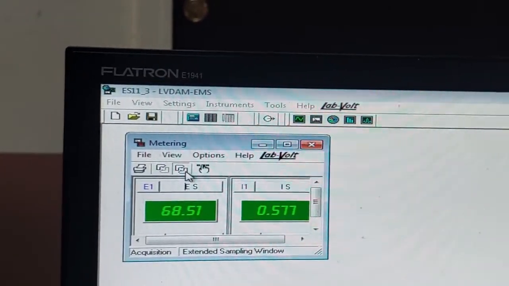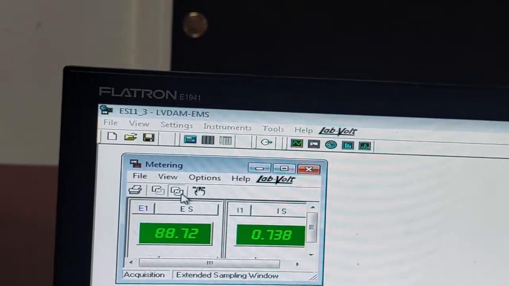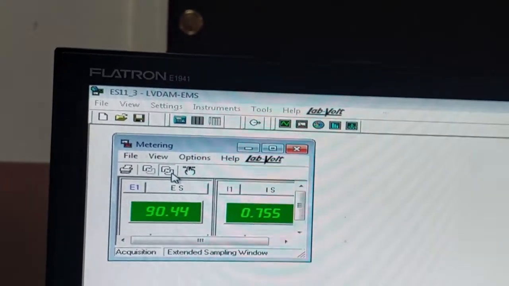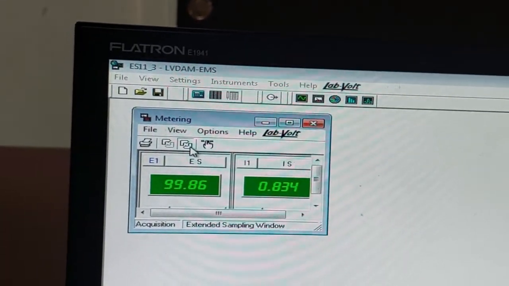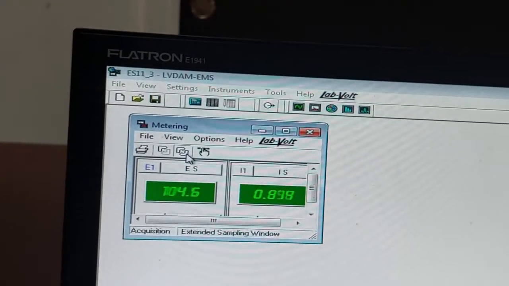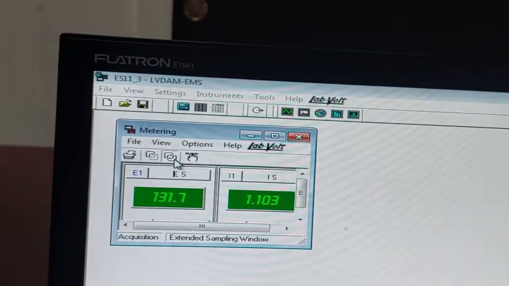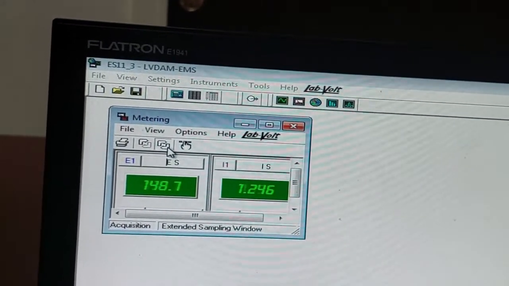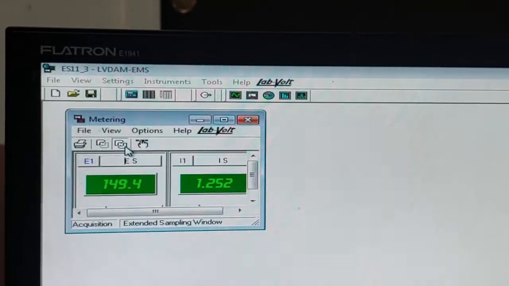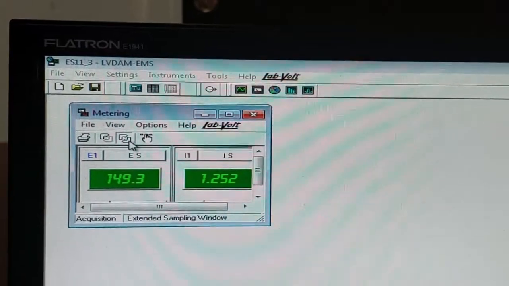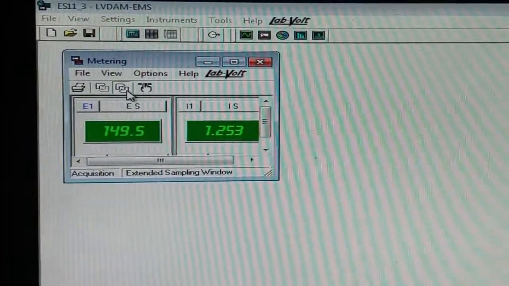So as we increase the voltage, the current will also increase, because V is directly proportional with our I. Okay? So 114.5, 90. Okay, this is the 100% of our knob. So 149.4, 1.252, 1.253 is the current.